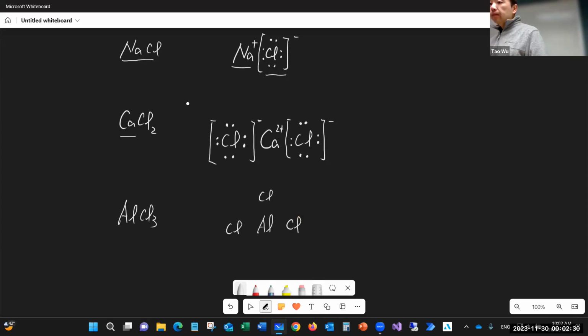Then aluminum has a 3 positive charge, and each chloride ion is something like that. And that's it. This is the Lewis structure for aluminum chloride. Make sense?